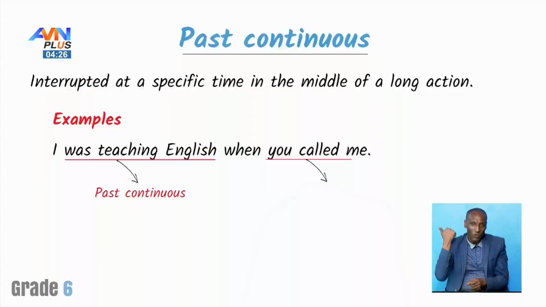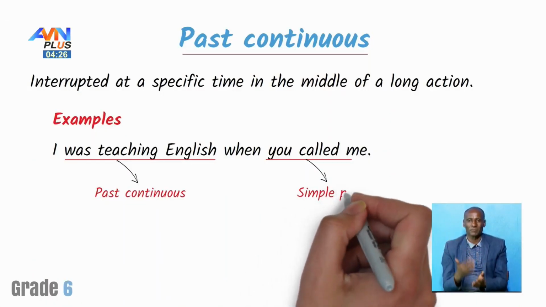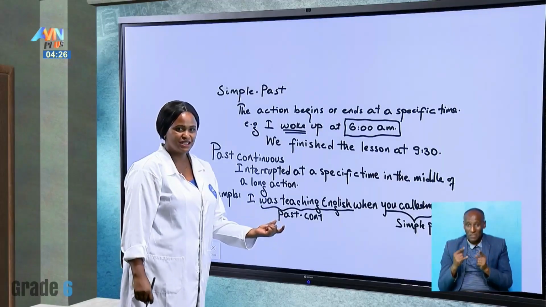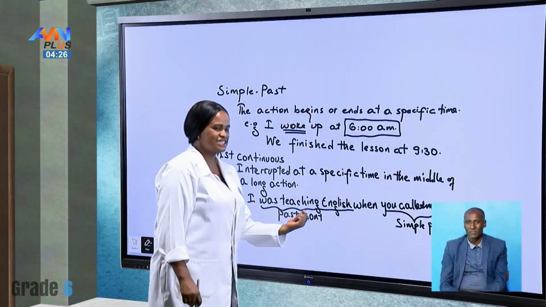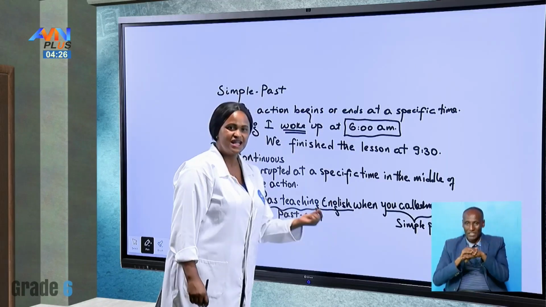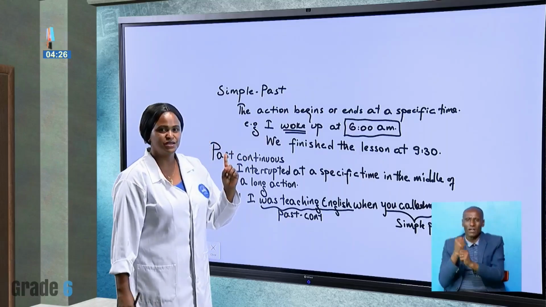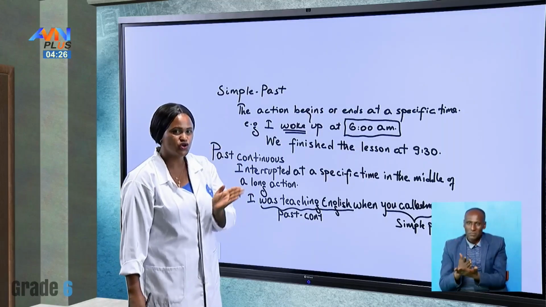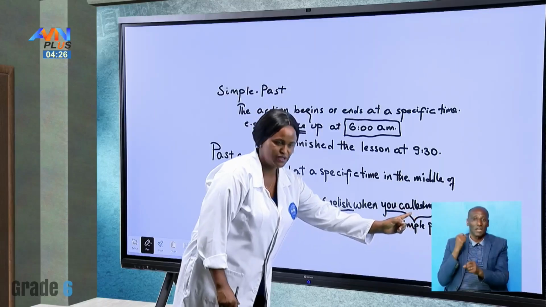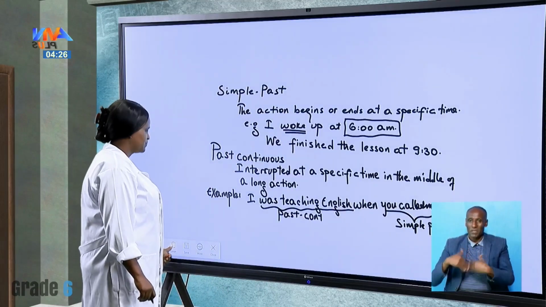This is simple past. Now, can you tell the difference? Look, I was teaching English, past continuous, a longer action, and then this long action interrupted by another, short action. And that is what? You called me. Okay, let me give you some more examples.